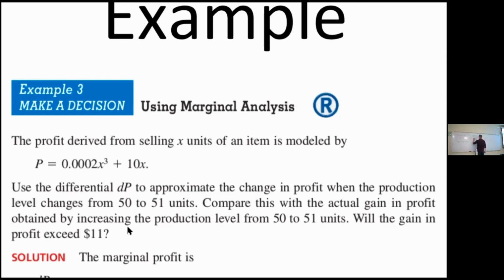So dp is equal to 0.0006 x squared plus 10, that quantity, times 1, which is just equal to 0.0006 x squared plus 10.